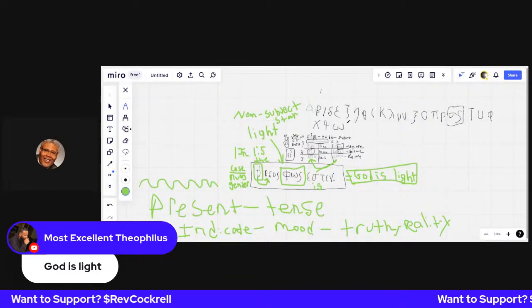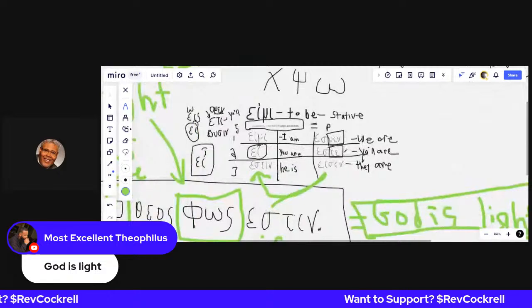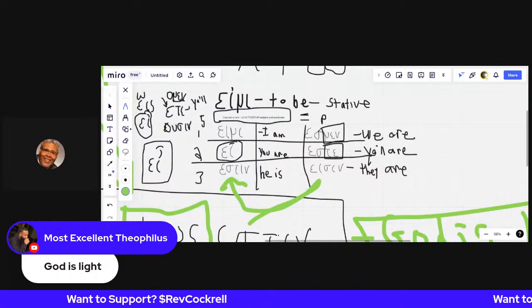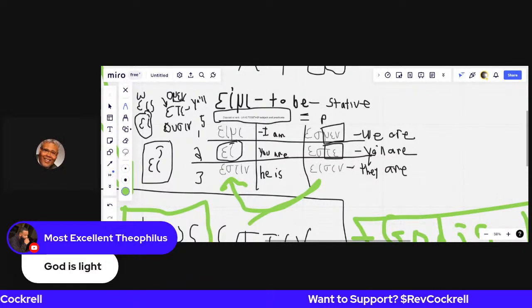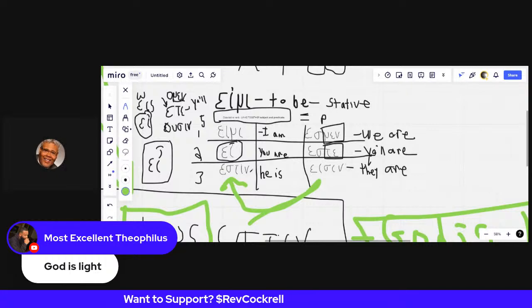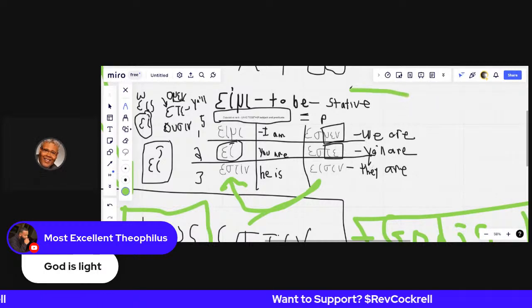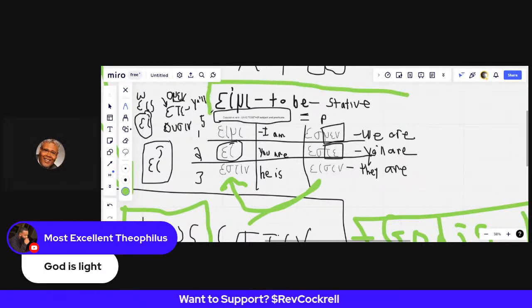So let me scoot up a little bit. So: eimi, ei, estin, esmen, este, eisin. I am, you are, he is, we are, y'all are, they are. This is a very important verb.